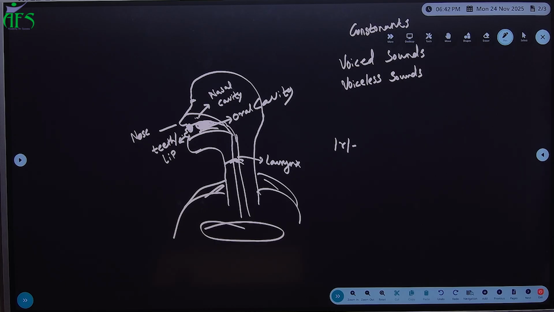On the roof of the mouth means the upper part of the mouth cavity, which is called the hard palate, and that contact is there.